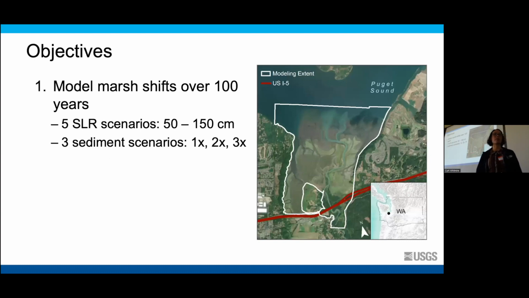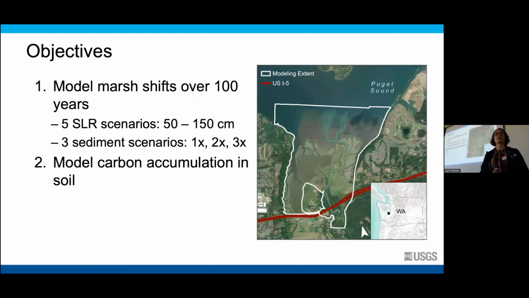First, it was to look at marsh shifts over 100 years under 5 different sea level rise scenarios and 3 different sediment management scenarios: baseline sediment concentration, and then double or triple sediment concentration as management alternatives. So that plays out to 15 different scenarios. And then we also, in each of these, modeled carbon accumulation in the soil. And so that's where the blue carbon piece of this comes in.